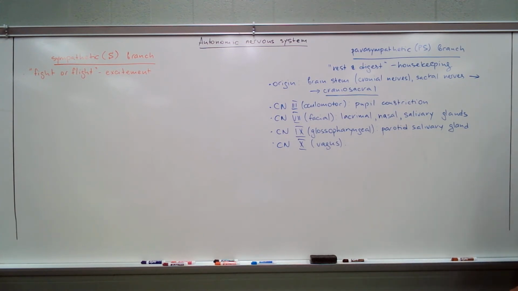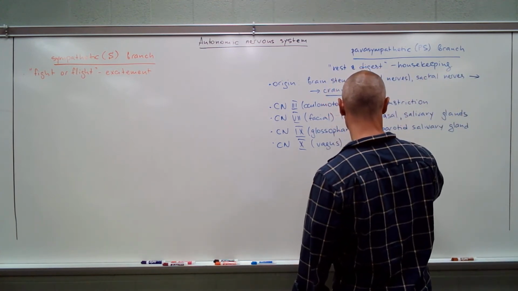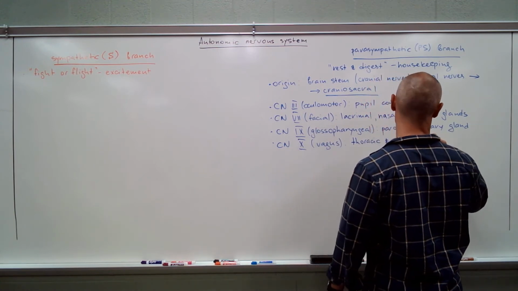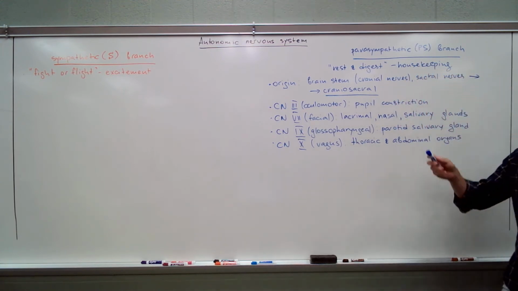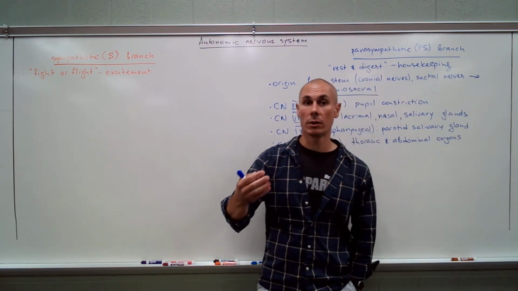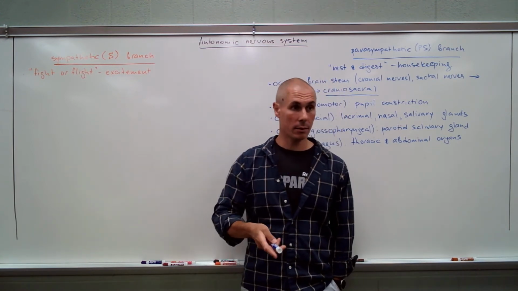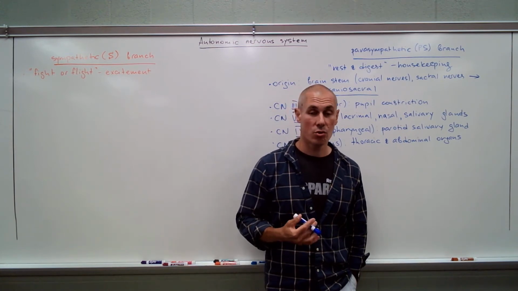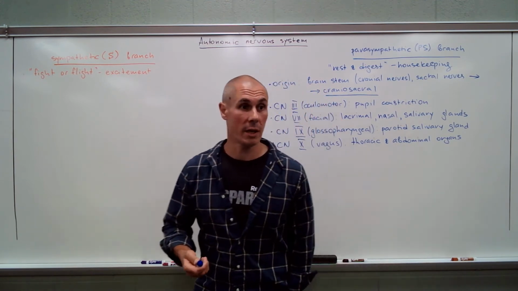The function is super simple: thoracic and abdominal organs. If you ask yourself which nerve conveys the controlling signals to your stomach or your lungs or your spleen, kidneys, it's all going to be the vagus nerve. RF came up with an extremely nerdy joke, which is: what happens in vagus stays in vagus.